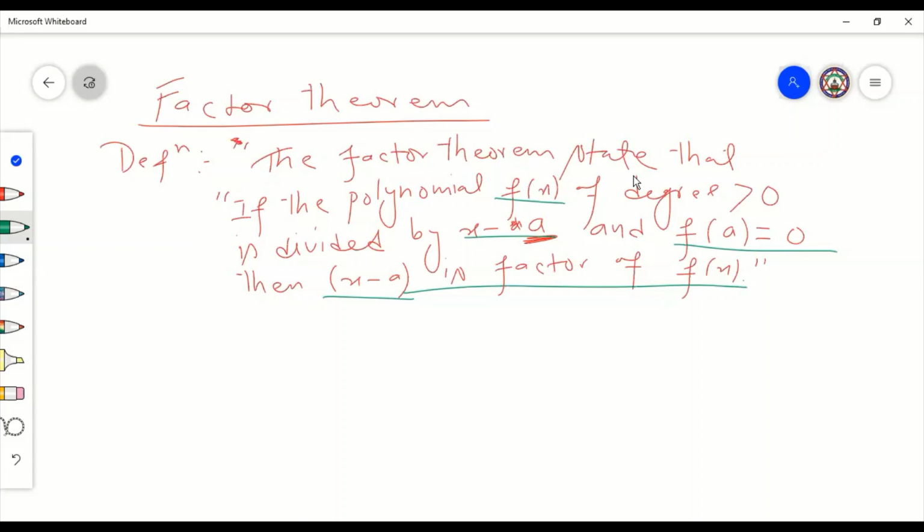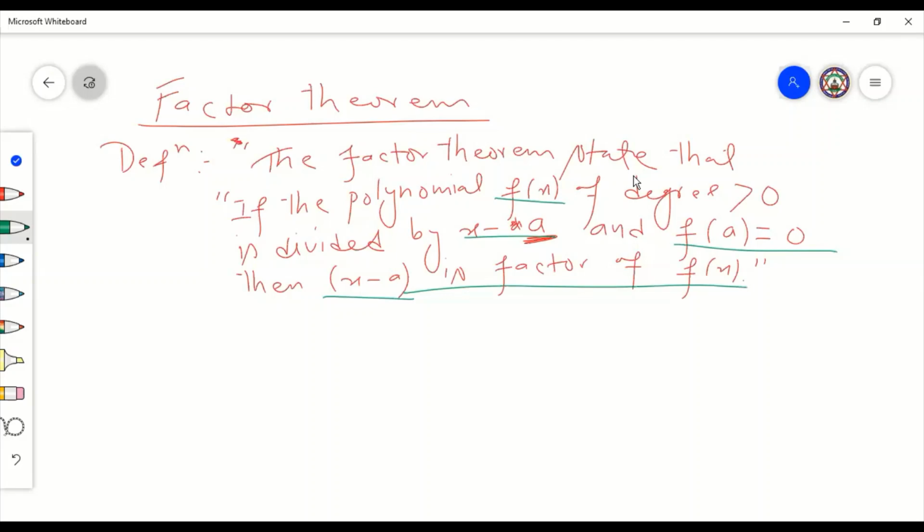This is the factor theorem. These two theorems, the remainder theorem and the factor theorem, and their definitions are very, very important. Maybe in the first topic, this definition will be asked in the exam.